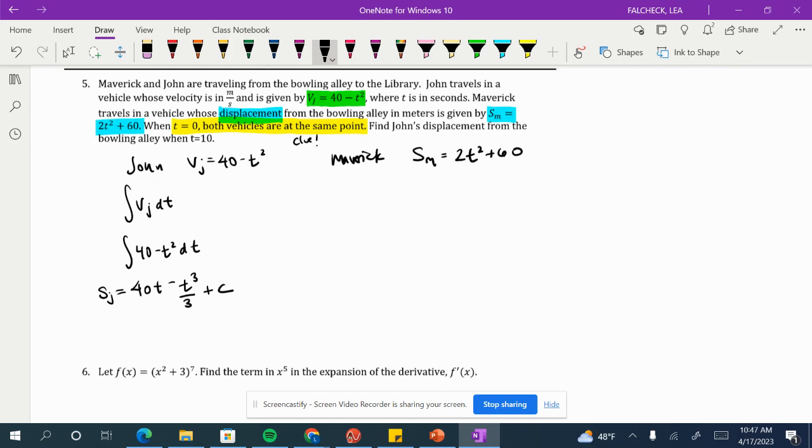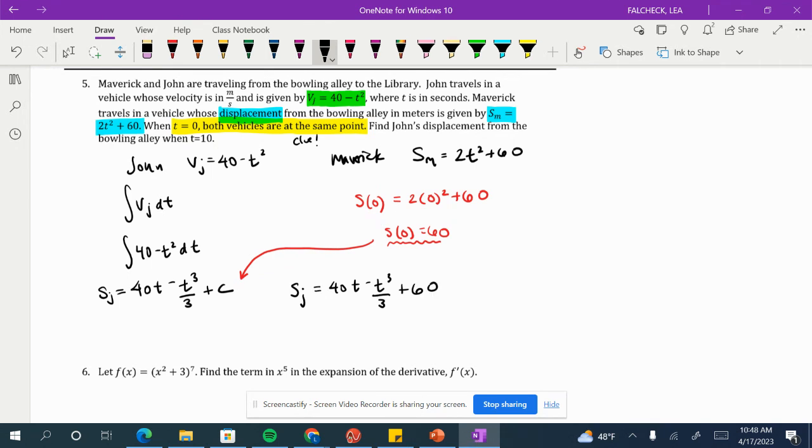S of 0 for Maverick is 2 times 0 squared plus 60, which is 60. That must be the same displacement for John, so c is 60. Now S sub j equals 40t minus t cubed divided by 3, plus 60.